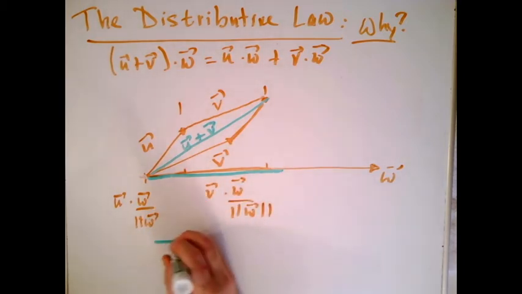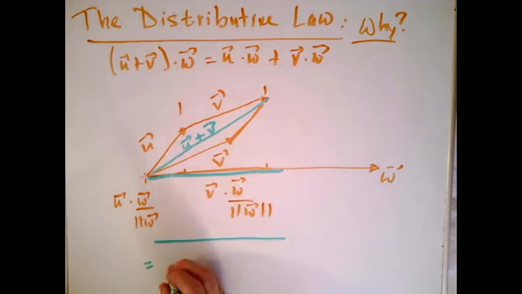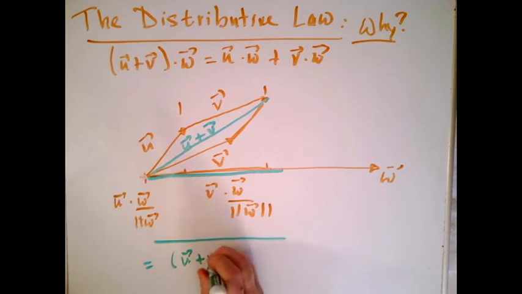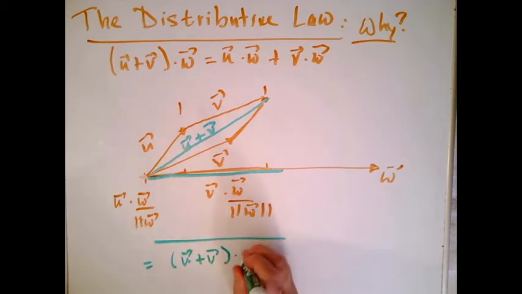And that length is, by our formula, U plus V dot W over the length of W.